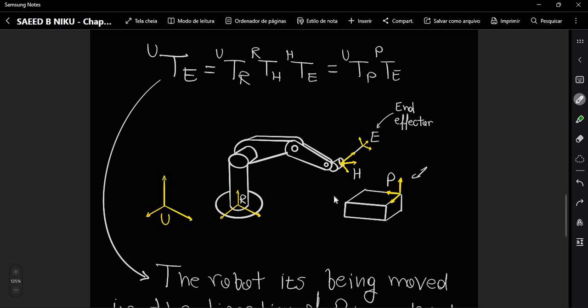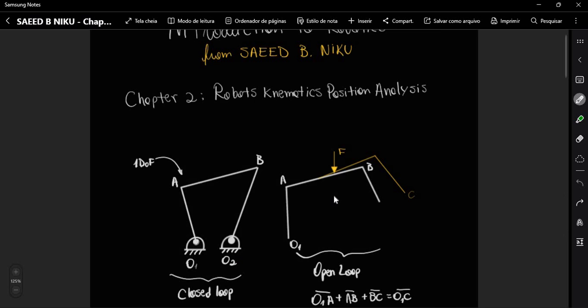So this robot has a controller, and we store the coordinates of each transformation, so the robot can localize itself and do the job. So we have the reference frame R, which is from the robot. We have the reference frame H, which is from the hand.